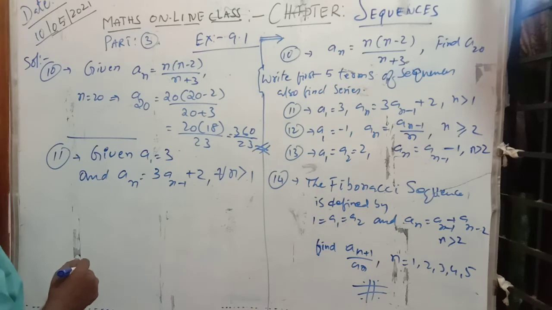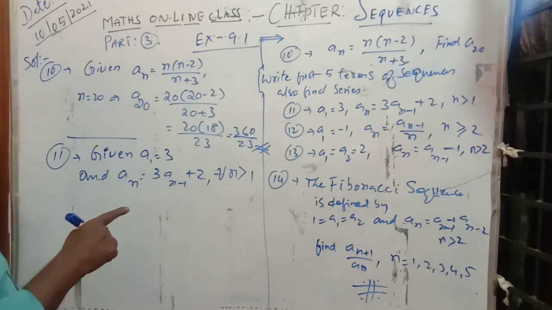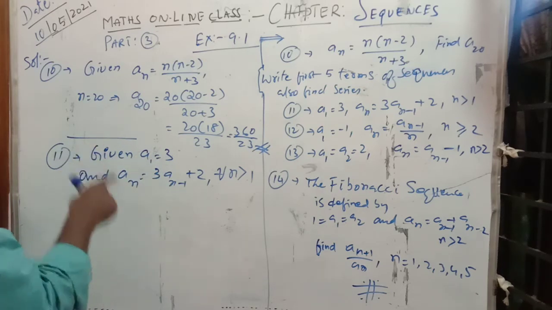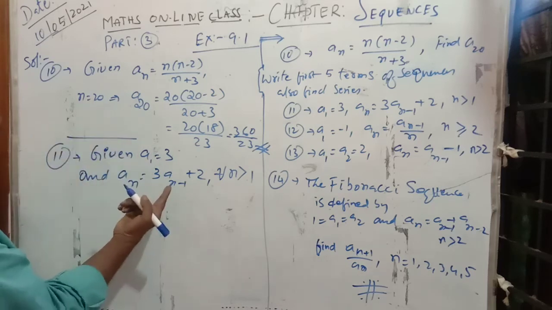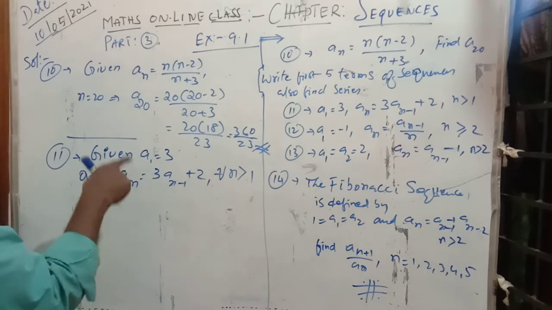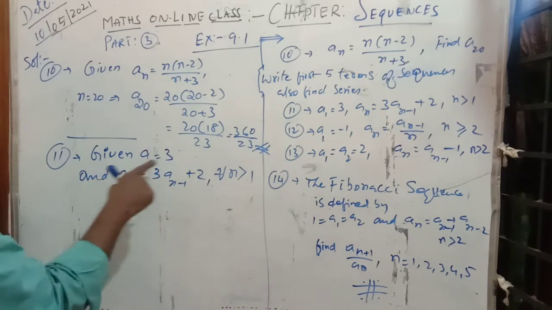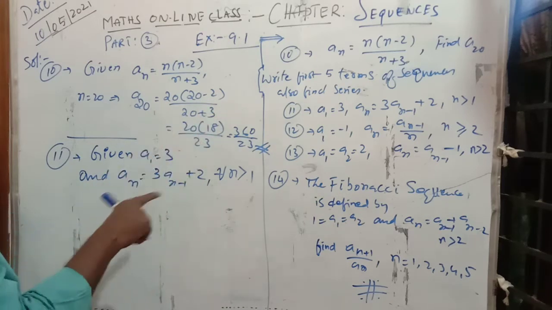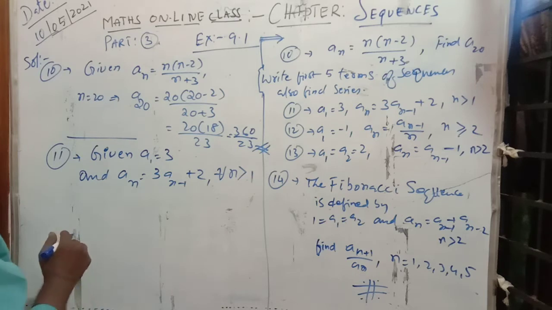The relation is: an is its previous number an minus 1 multiplied by 3, plus 2.